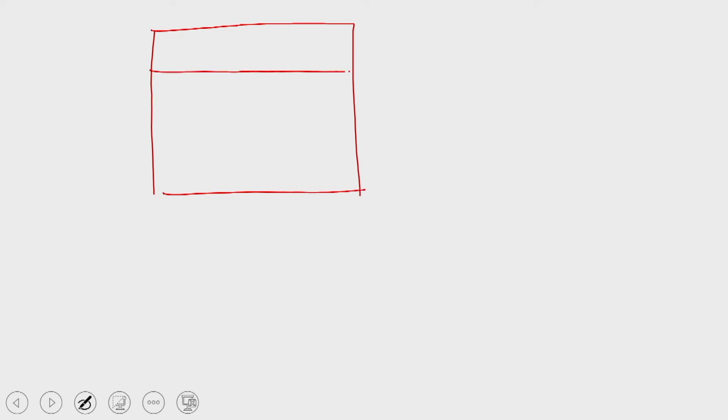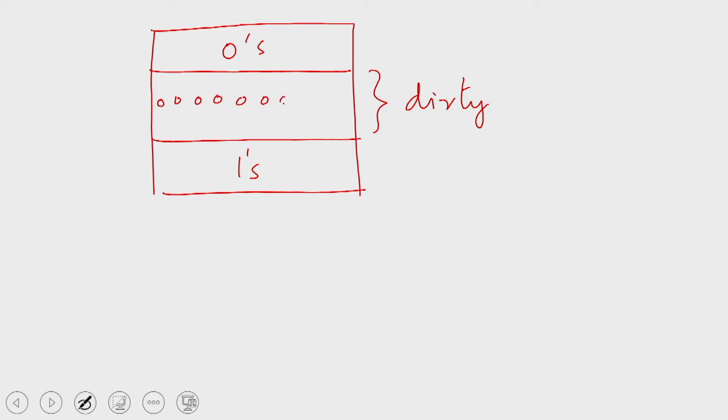That is, in the matrix we have a clean band at the top which is all zeros, a clean band at the bottom which is all ones, and in the middle we have the dirty band. In the dirty band now we have got a row which contains all zeros. So, this is a clean row within the dirty band.